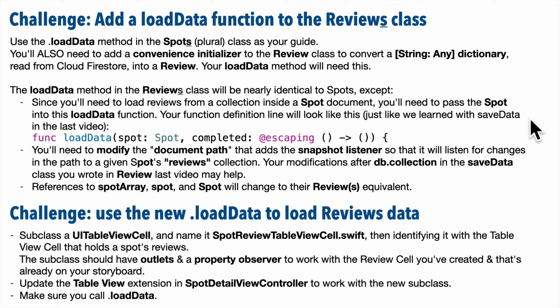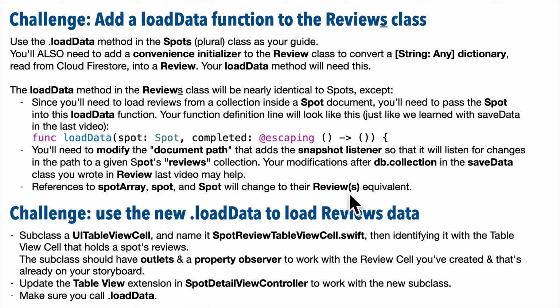Now you'll also need to modify the document path when you add the snapshot listener. Now in this load data function, you're not just listening for changes inside of the spots collection. Here you're listening for changes inside of the spots collection for a given spot document in that document's reviews collection. You'll also need to change any references to spot array, spot, and uppercase spot to their reviews equivalent.